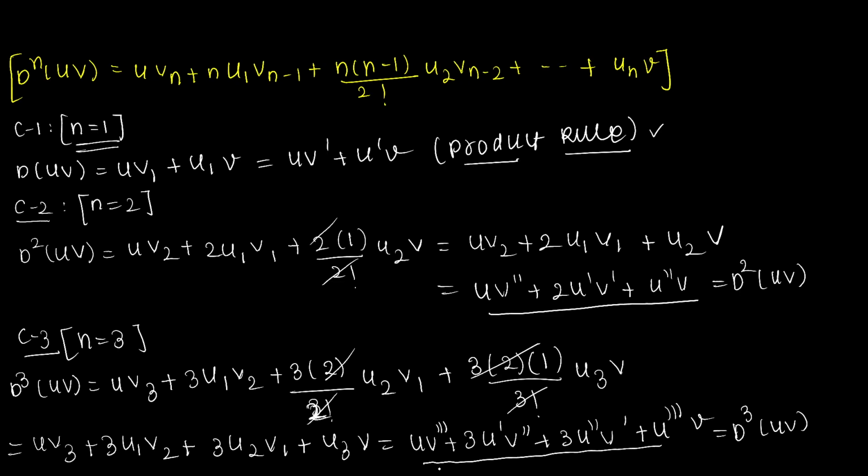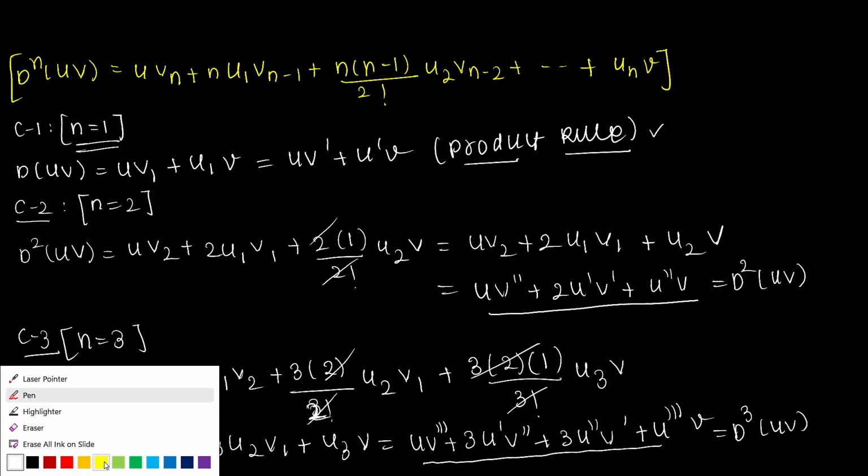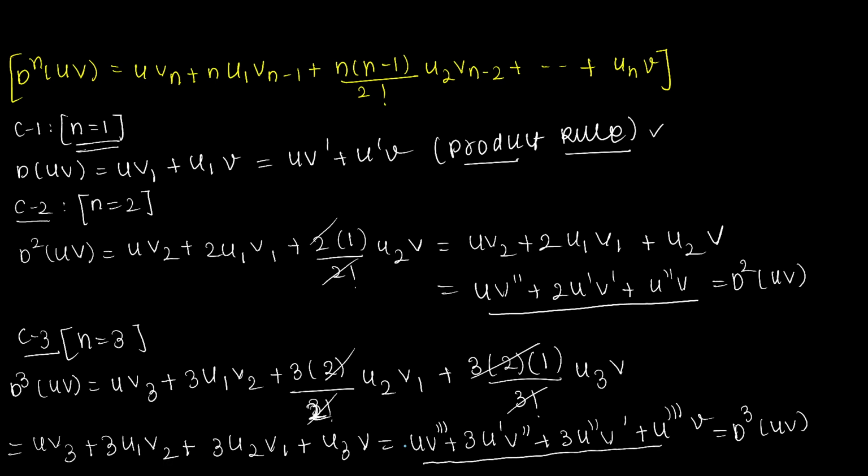If you notice the coefficients properly, I have coefficients as 1, 3, 3 and 1. I'll write it down here: 1, 3, 3, 1. Similarly, I have coefficients here as 1, 2, 1, and here I have coefficients as 1, 1. So it is, in some way, Pascal's triangle.